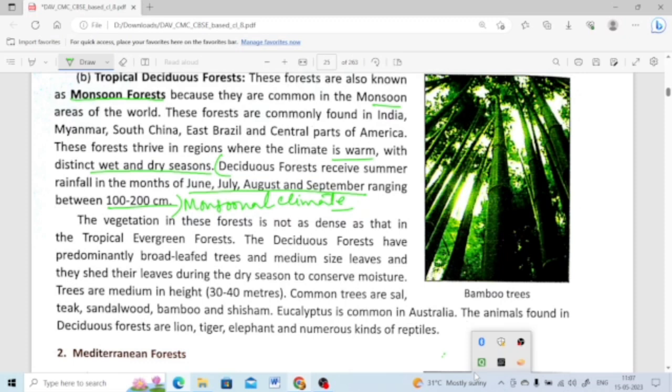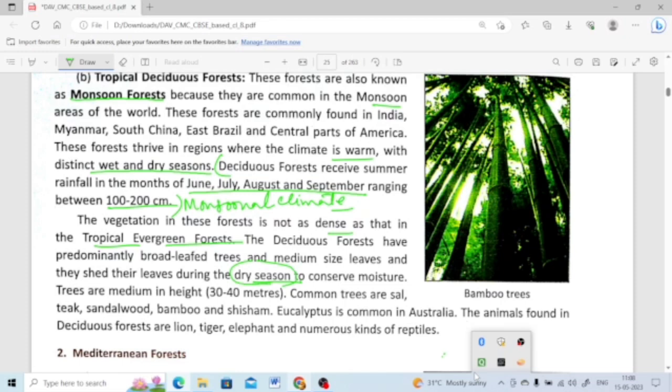Right? The vegetation in this forest is not as dense as equatorial or tropical evergreen forest. The deciduous forest have predominantly broad-leaved trees, medium-sized leaves, and they shed their leaves during the dry season. Why do they shed their leaves during dry season? To conserve moisture.